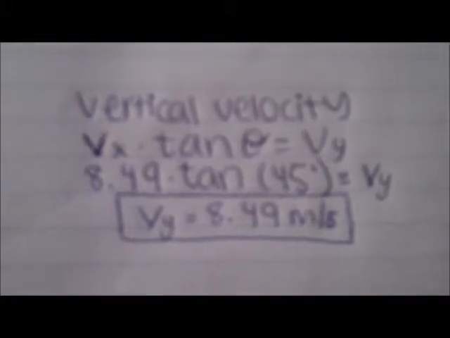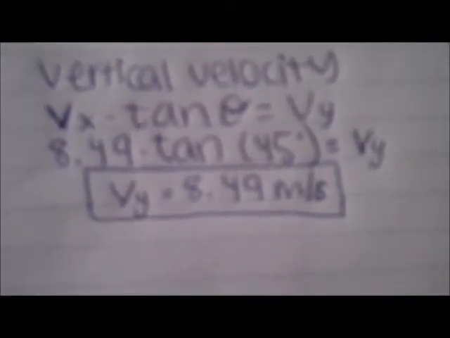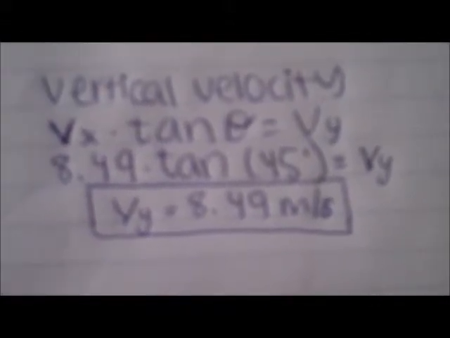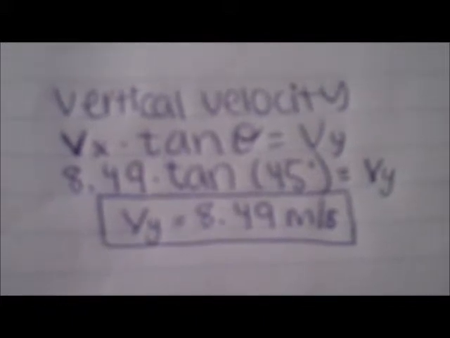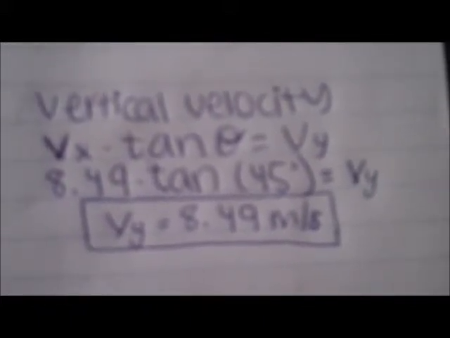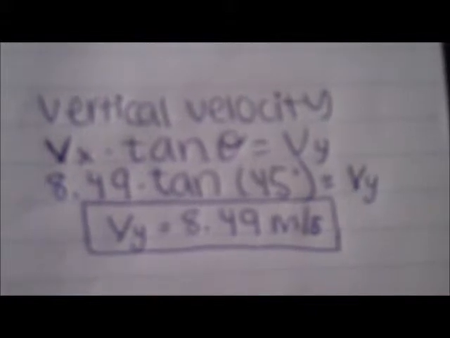I plugged in 8.49, which is what I got up here for my horizontal velocity, times tangent of 45 to equal the velocity of the y component. And it equals 8.49 meters per second. That's because I used the same x and y velocities in order to get the angle to be 45 degrees.